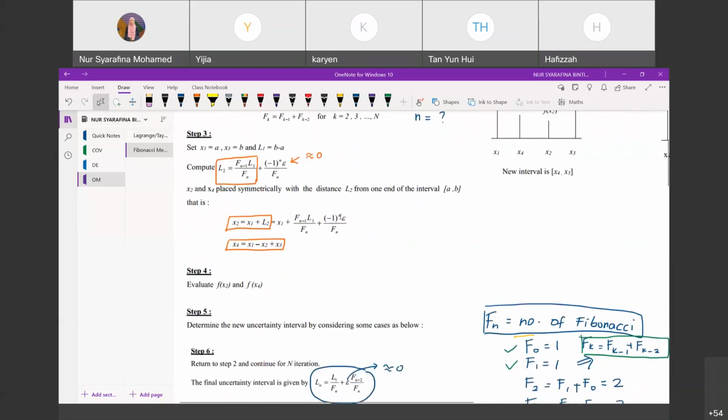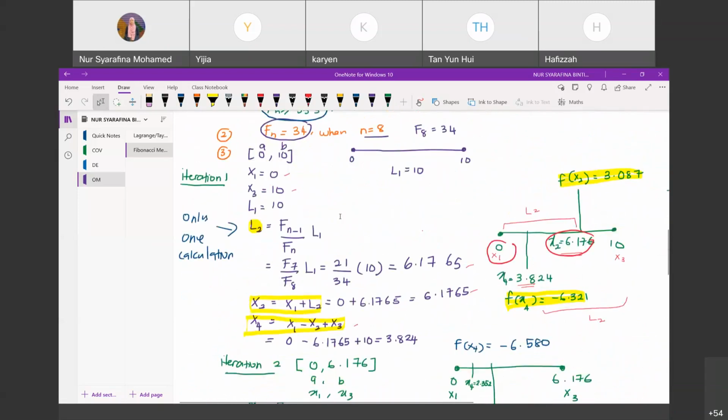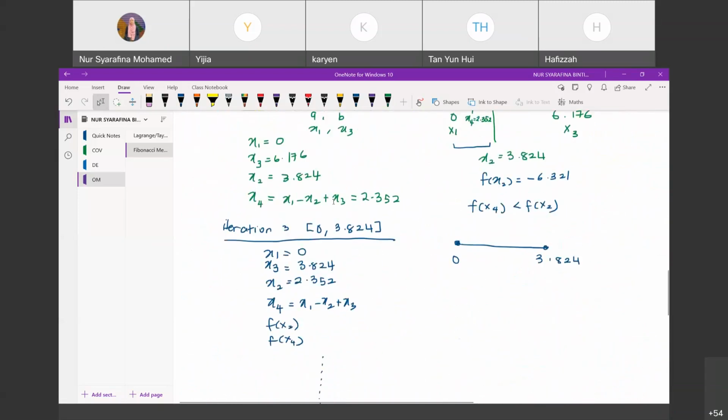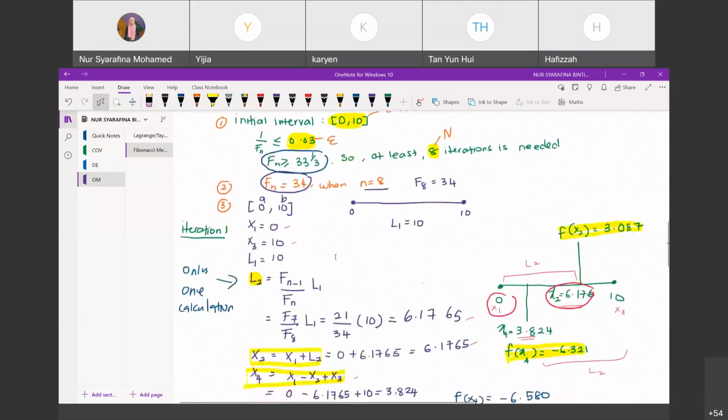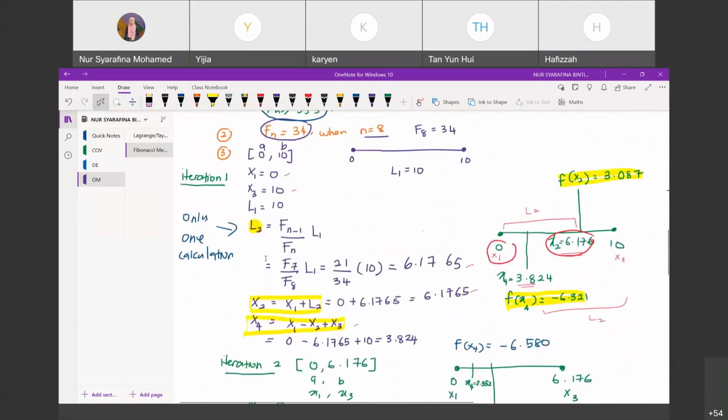So let's discuss the advantages of Fibonacci. The advantage is that only one function evaluation of L2 is needed, only at iteration number 1.